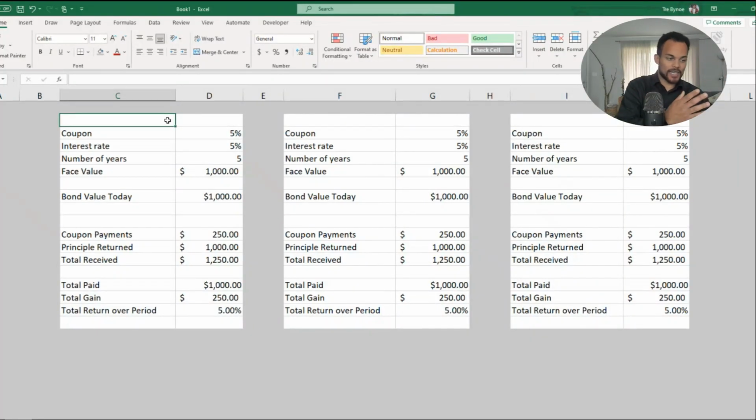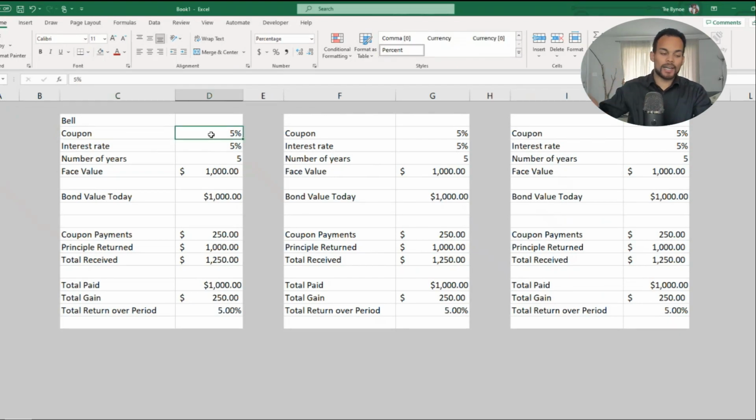So we're going to say that this is a Bell bond, and this is why term deposits or GICs are so similar to bonds, and you'll see why. So the coupon payment, that is the annual payment that Bell will provide, is 5%.